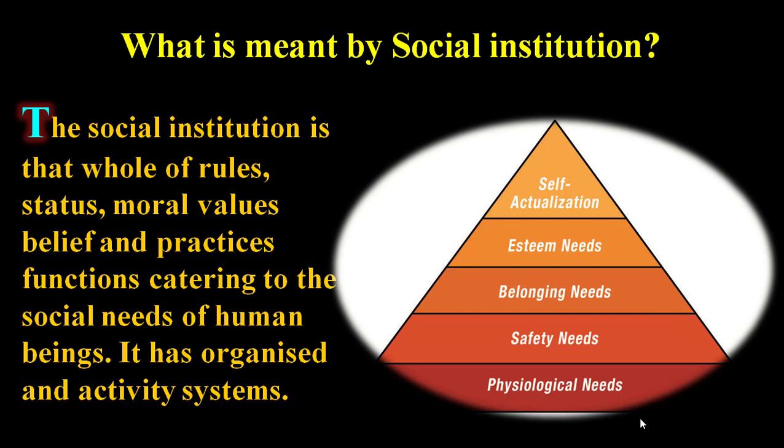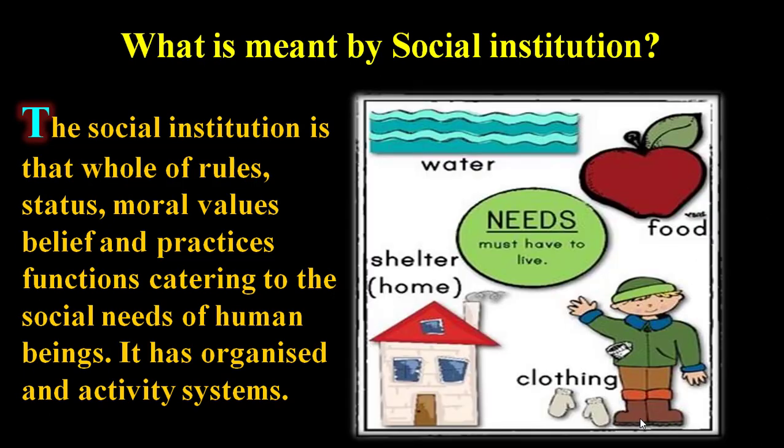Each social institution has its own rules, status, moral values, beliefs and practices or functions catering to the social needs. Based on the needs of human beings, we have categorized them. These are some of the very important aspects. It has organized activity systems, and the picture expresses how necessary it is for human beings.